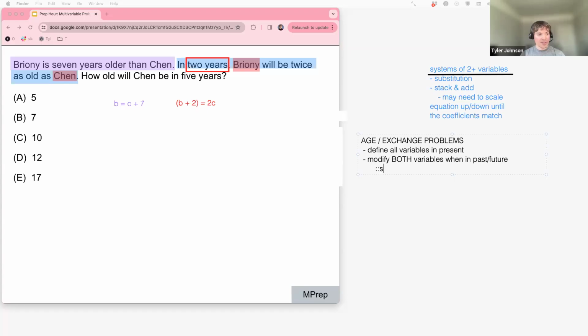And the way I like to make that abundantly clear is I toss brackets around everything. So the proper translation is going to look like this, that Brioni's age 2 years in the future is twice Chen's age 2 years in the future. I've got to make sure I have a +2 on both Brioni and Chen because they are both 2 years in the future.